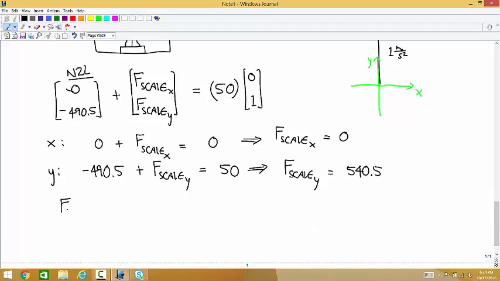And if you put that back in vector form, you get 0, 540.5, or 540.5 newtons up.